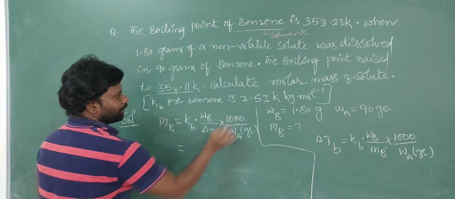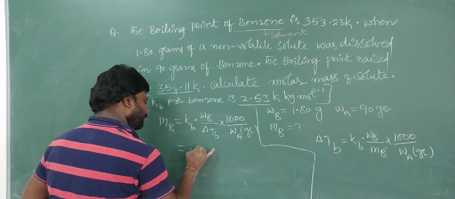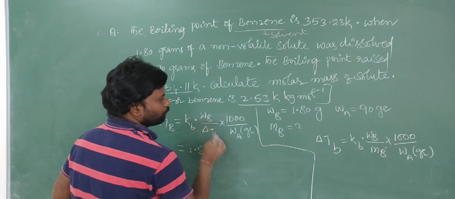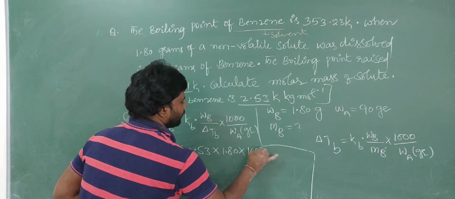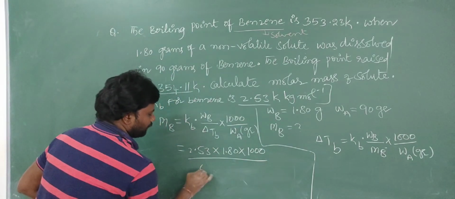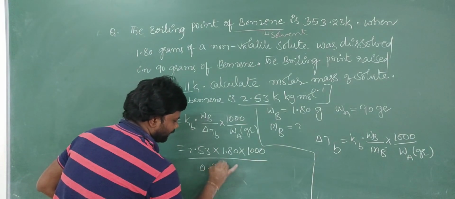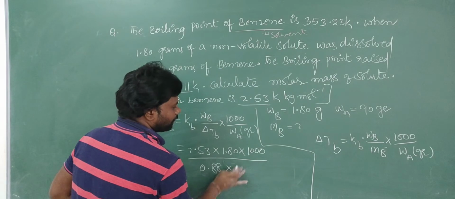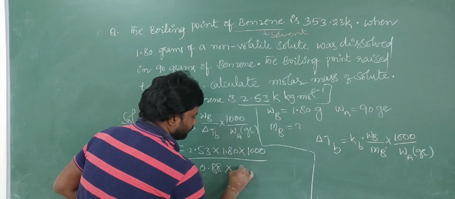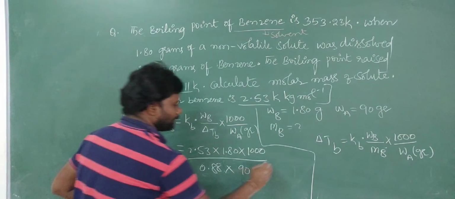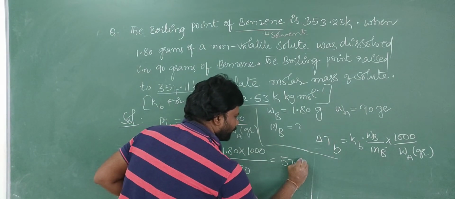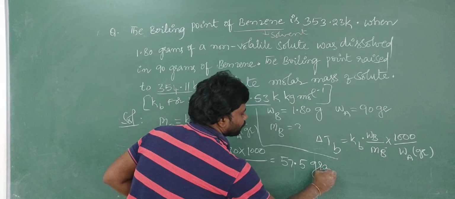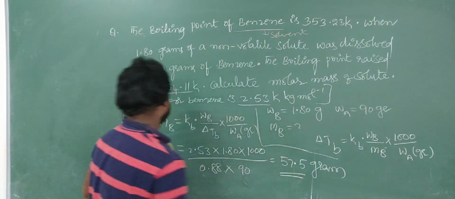Kb value 2.53 into WB value 1.80 into 1000 by delta TB value 0.88 Kelvin into weight of solvent 90 grams. Simplify them to get 57.5 grams. This is the molecular mass of the non-volatile solute.